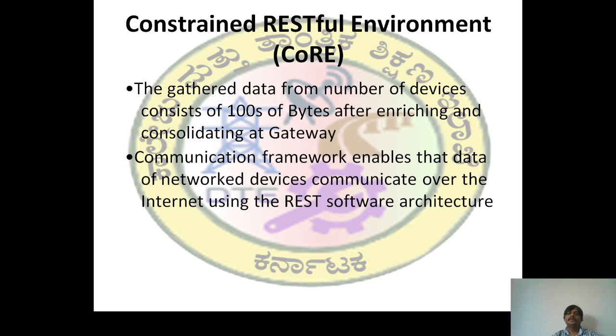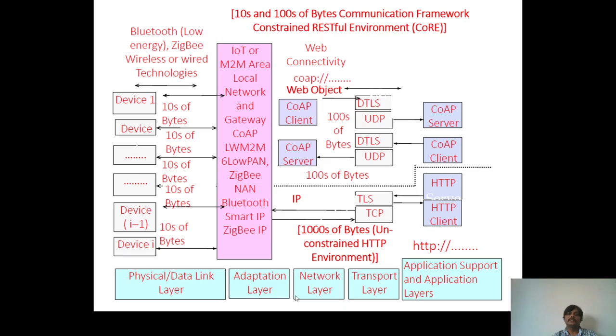Another constraint is that the device may sleep most of the time in a low power environment and awakens when an event occurs or when it is required. Device connectivity may also break for long periods, with limited up intervals in a lossy environment and limited data size. The data gathered from a number of devices consists of hundreds of bytes after enriching and consolidating at the gateway. The communication framework enables the data of network devices to communicate over the internet using the REST software architecture.